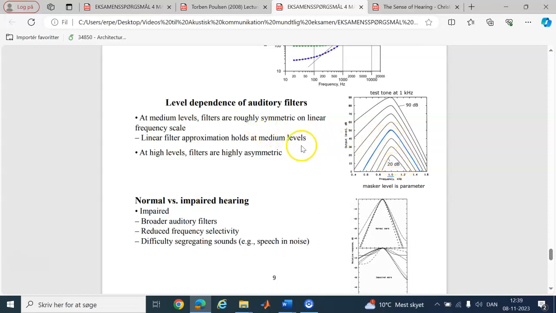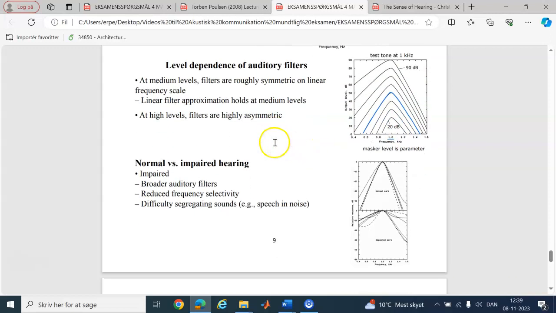But at high levels, they are more asymmetric. 90 dB here is asymmetric, 20 dB here is symmetric.